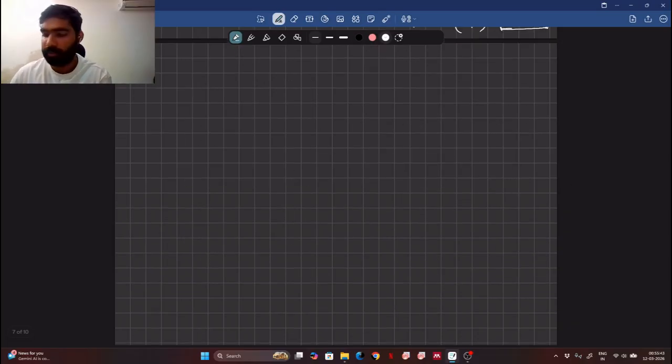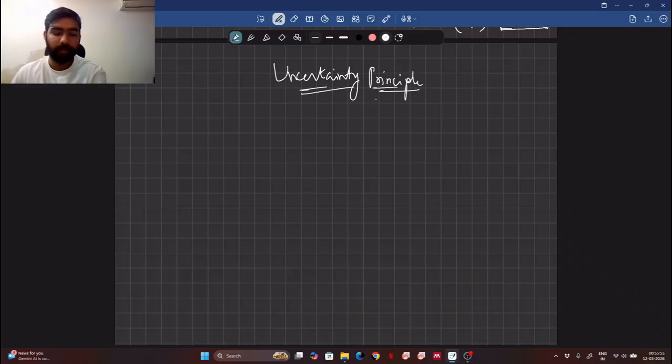Then comes the uncertainty principle. The uncertainty principle was given by Werner Heisenberg in 1927, and he gave an idea related to an experiment.